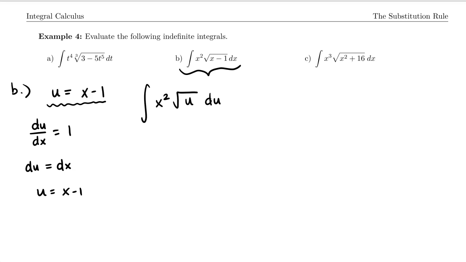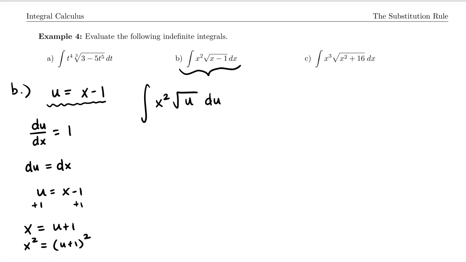So if u equals x minus 1, and I add 1 to both sides, I get the relationship that x is equal to u plus 1. Again, as long as I do it to both sides, they maintain equality. So I'm going to square both sides, and I end up getting the relationship that x squared is equal to u plus 1 squared.